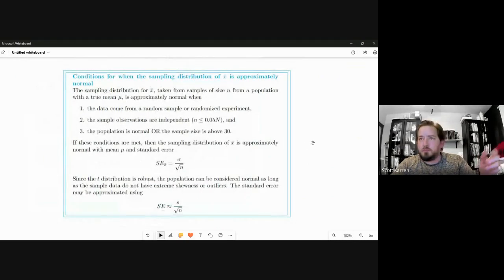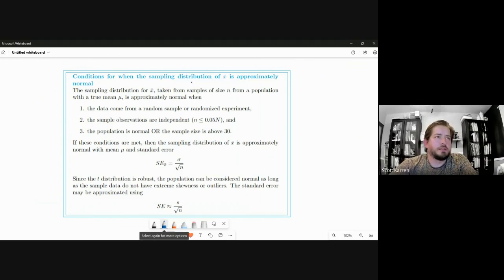All right. So these are the conditions for when the sampling distribution of X bar, which you should remember is the mean, is approximately normal. So the data come from a random sample or a randomized experiment, that still holds. The sample observations are independent, that still holds. Your sample should be less than 5% of the overall population.